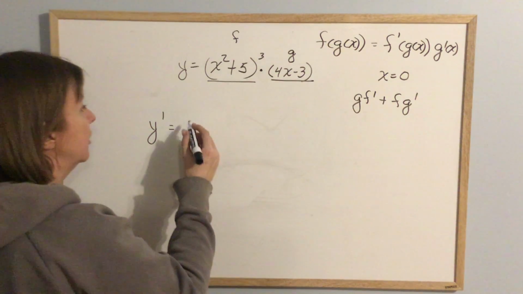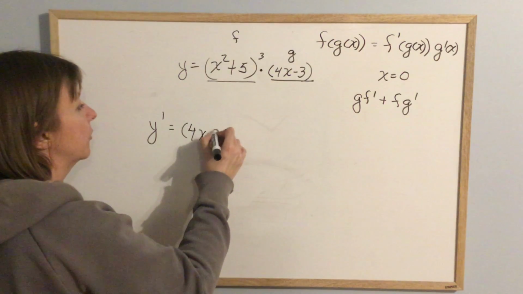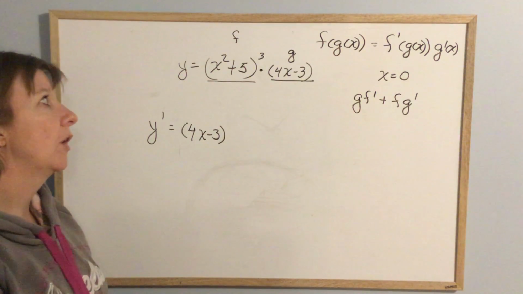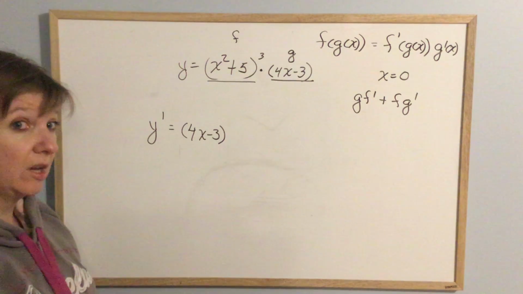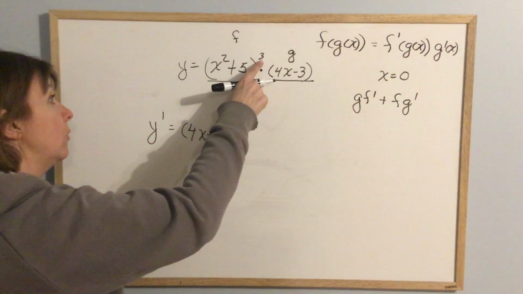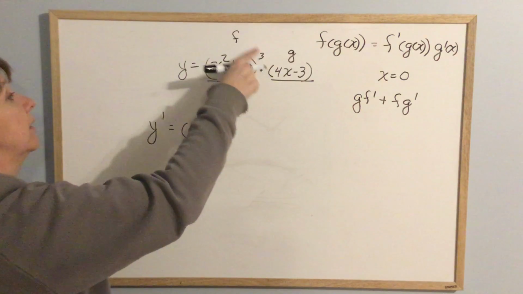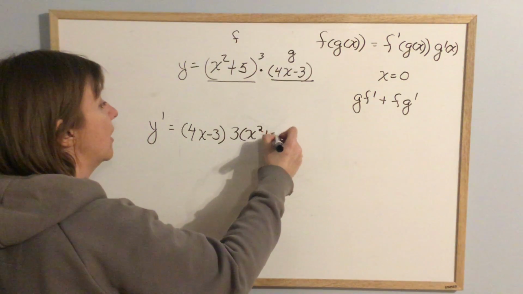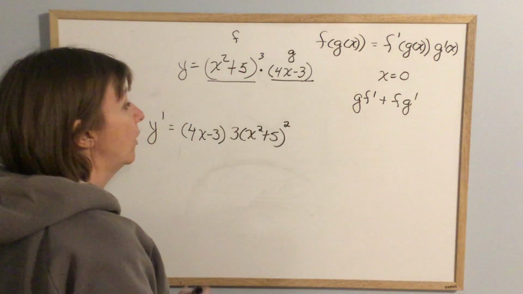So we leave g alone, which is 4x minus 3. And we do the derivative of x squared plus 5 to the third. But to do that, we have to do the chain rule. The chain rule says first I do the derivative of the exponent. So I take the 3, I move it down in front, I leave the inside alone, and I decrease my exponent by 1.